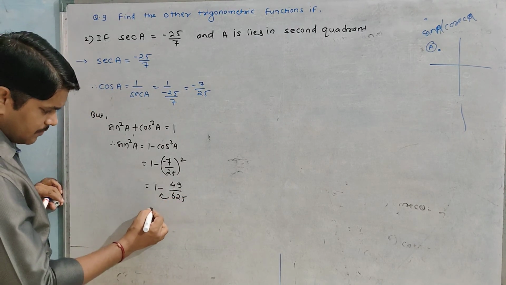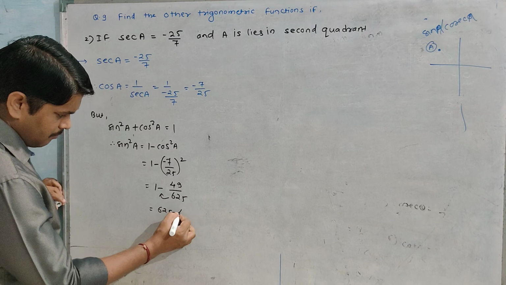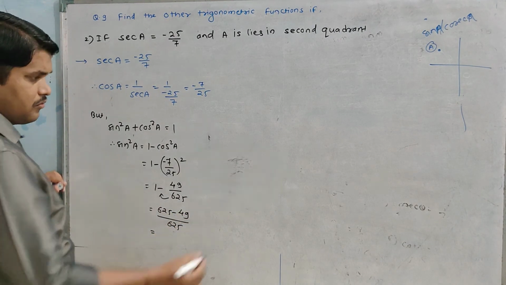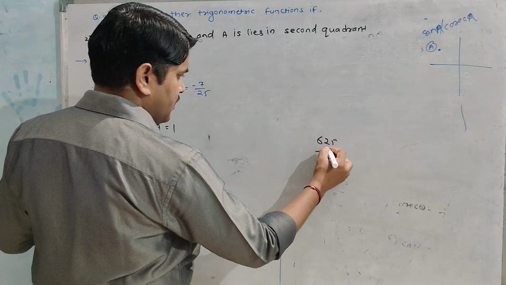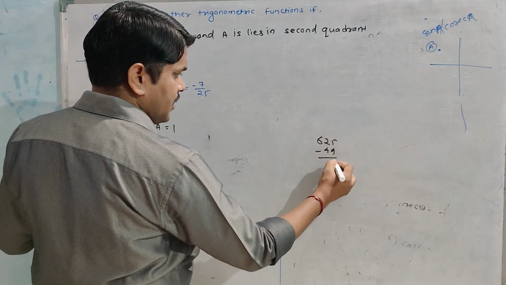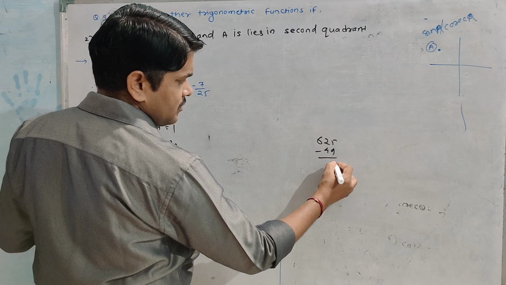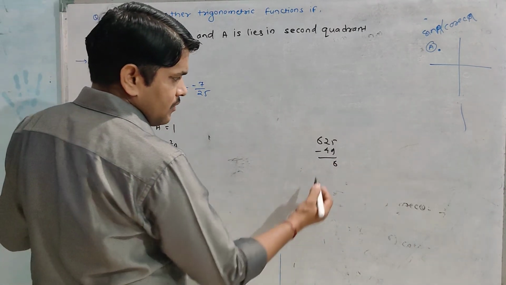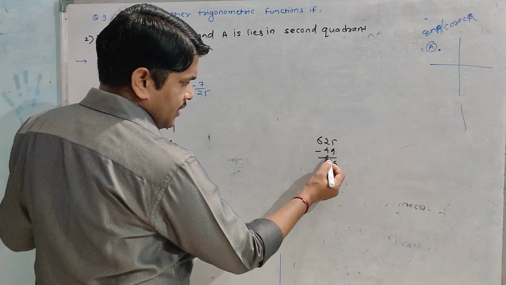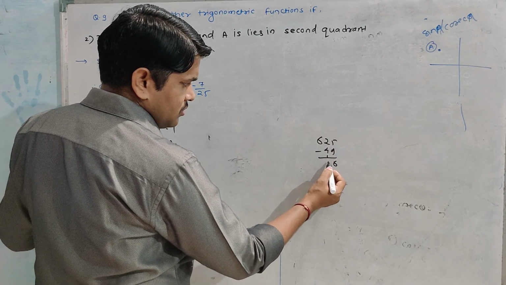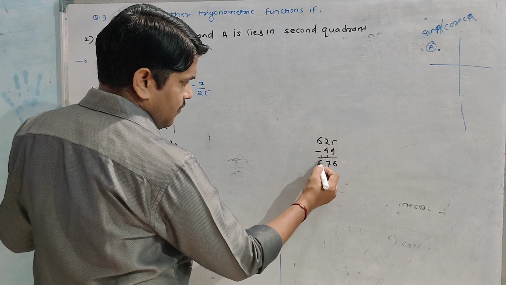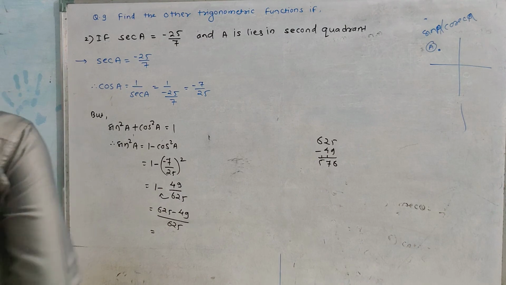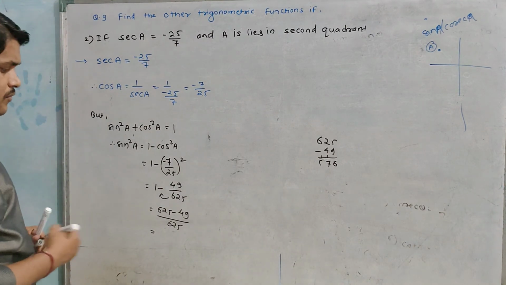Take cross multiplication: 625 minus 49 divided by 625. 625 minus 49: 15 minus 9 is 6, carry 1; 12 minus 5 is 7, carry 1; 5 is 576. It is the square root of 24.